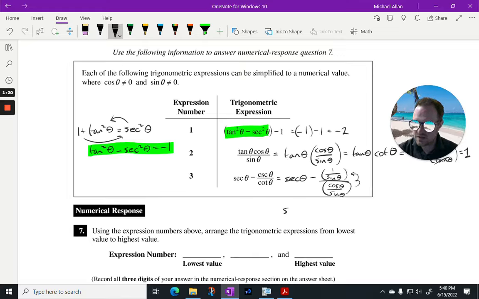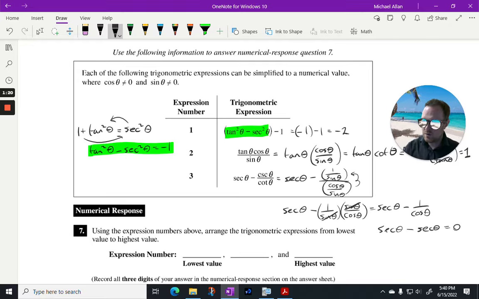So it'll be 1 over sine theta times sine over cos theta. Just like the tans, you can cross off the sines here. So I've got secant minus 1 over cos. But remember, 1 over cos is secant, so this is secant minus secant, which is equal to 0.